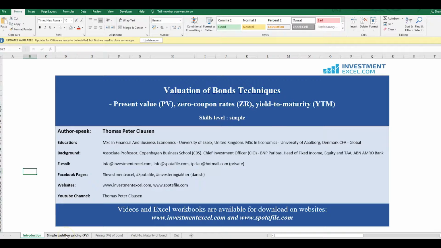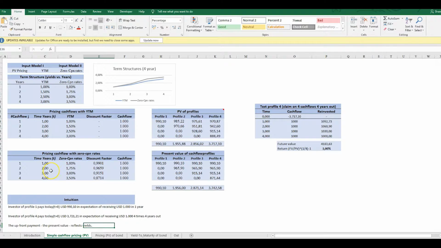Let's get to it. Let's start with some simple cash flow pricing analysis. What we have here is basically a model for pricing on the yield to maturity curve, which in the graphical setting here is the lower interest rate curve, the term structure as we also call it, the blue one, and the other one is the zero coupon rates.